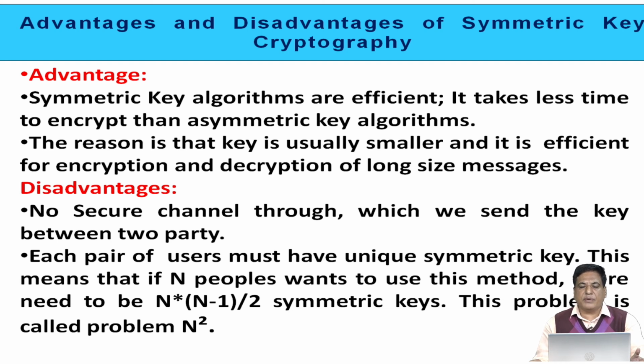So the total number of keys among the n persons is n times n-1 divided by 2. Why do we divide by 2? Because there is one key between me and you that we count as one key. So that's why we divide by 2. This problem is also known as the n-square problem.